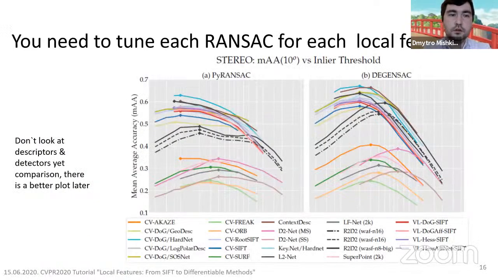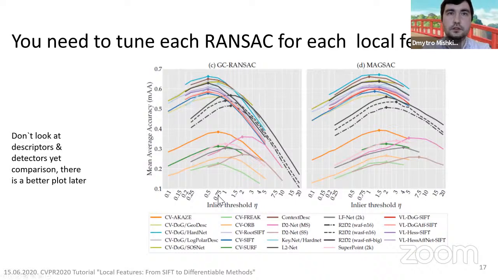Moreover, you also need to tune your RANSAC reprojection threshold for each feature you use, because the optimal values, shown in these dots or markers, can be very, very different. Sorry, you cannot see the scales, but here is 1 pixel and this is 10 pixels. For some RANSACs or images, the optimal threshold is near 10 pixels, and for another 0.5 pixels.